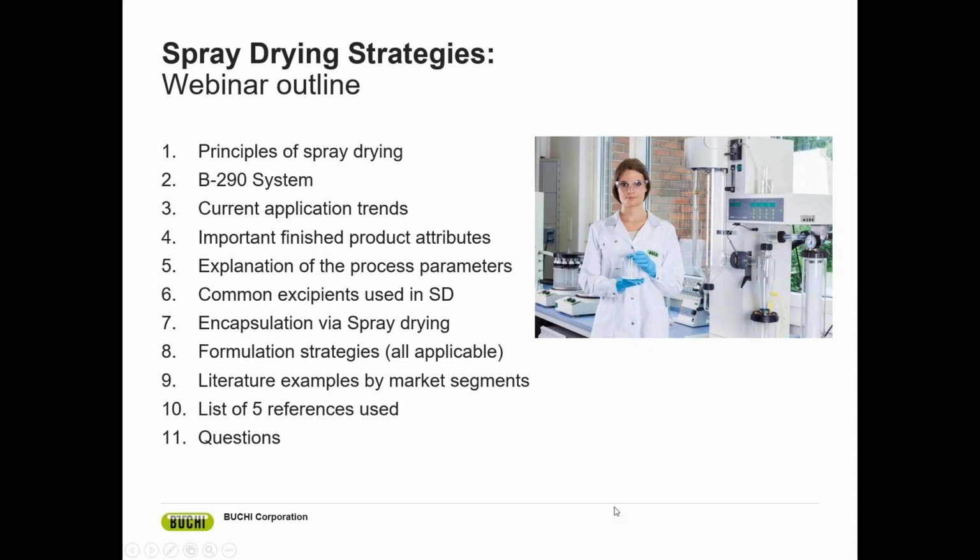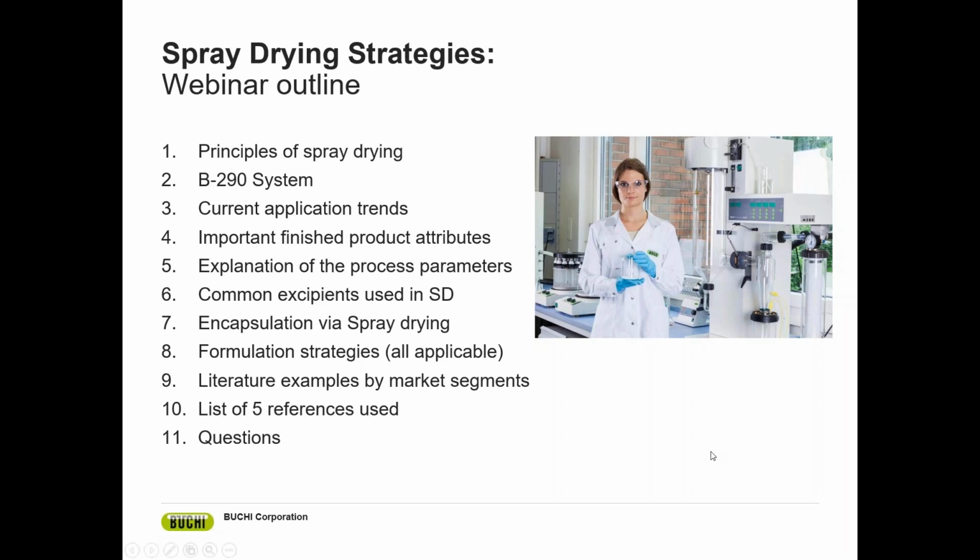Going to hit upon current trends, talk about important finished attributes or product powder characteristics that spray drying can do for us. Going to explain the process parameters in full detail. Touch on encapsulation via spray drying, and then I'm going to hit different formulation strategies for different market segments.